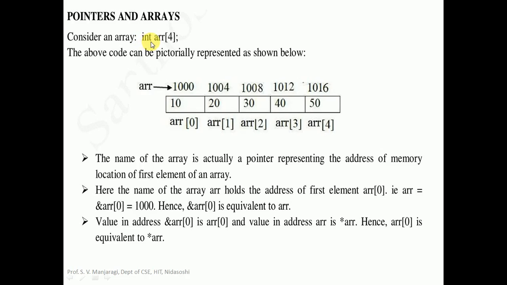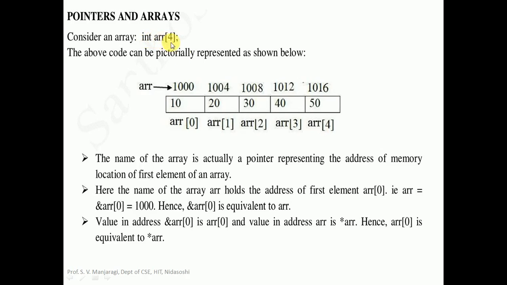In this example, we are declaring an integer type array with size 4. The data type is int, followed by the array name, and within the square brackets we mention the array size. So this statement declares an integer type array whose size is 4, and in this array we can store a maximum of 4 elements.